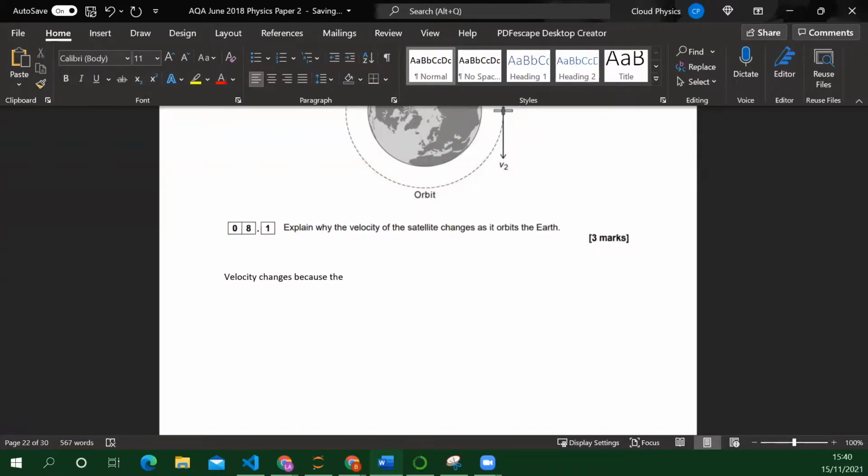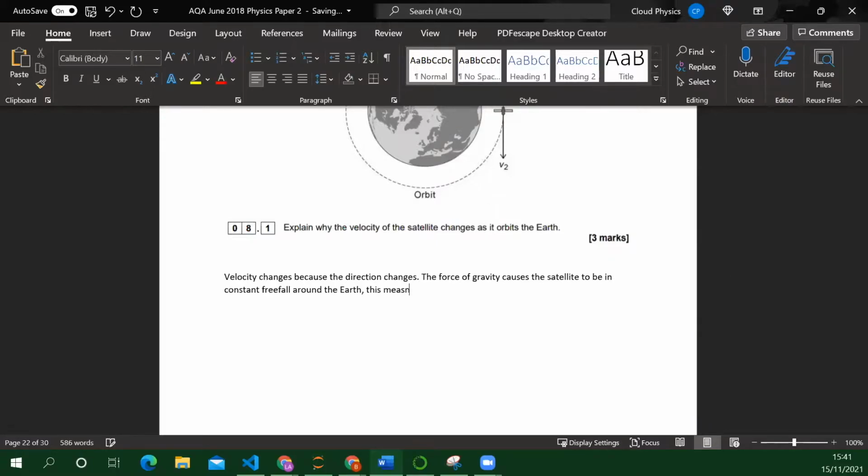Number 1. Mark. Next one is the force of gravity causes the satellite, the artificial satellite, to be in what's called constant free fall around the Earth.